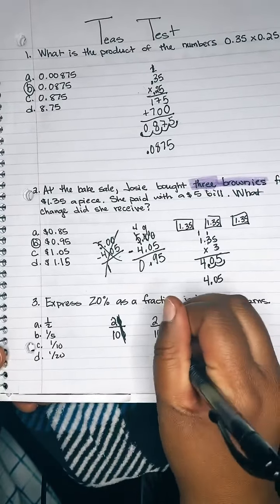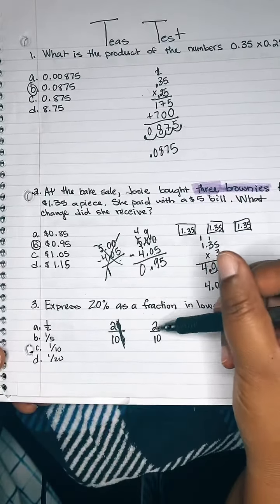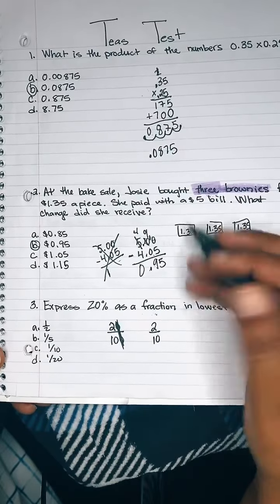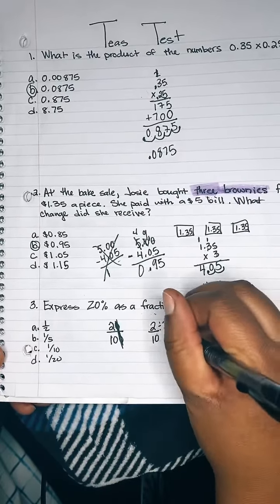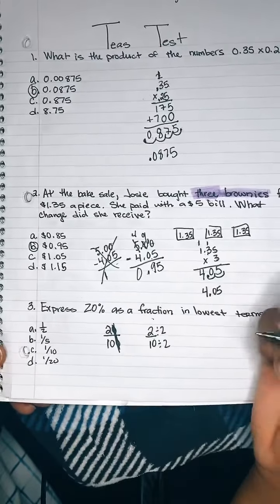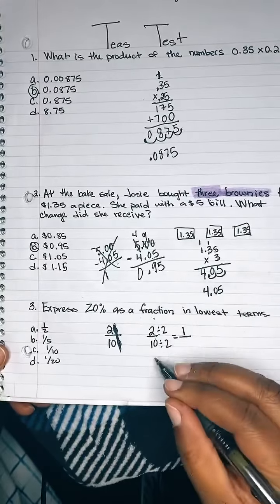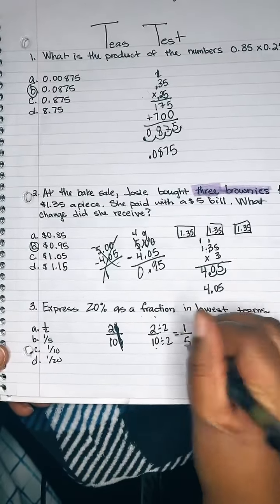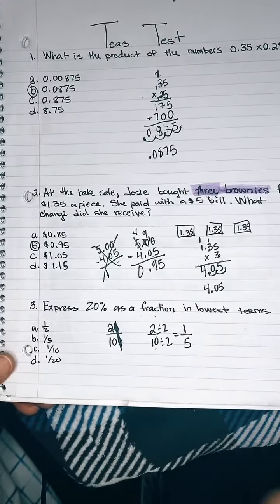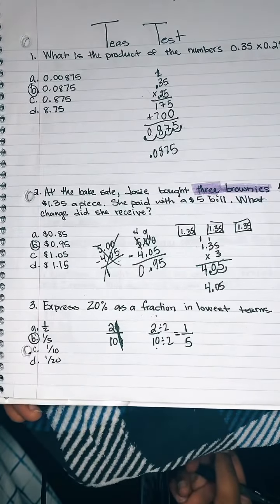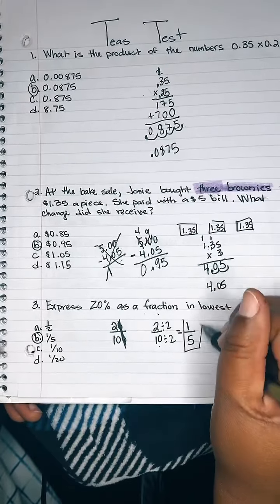Well, can we reduce this? Can it be simplified? It can, because 2 can go into this and 2 can go into that. So 2 divided by 2 is 1 and 10 divided by 2 is 5. So if you said B was your answer, you were 100% correct. It is 1/5.